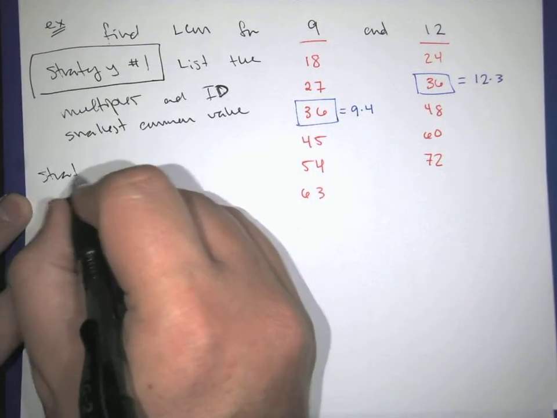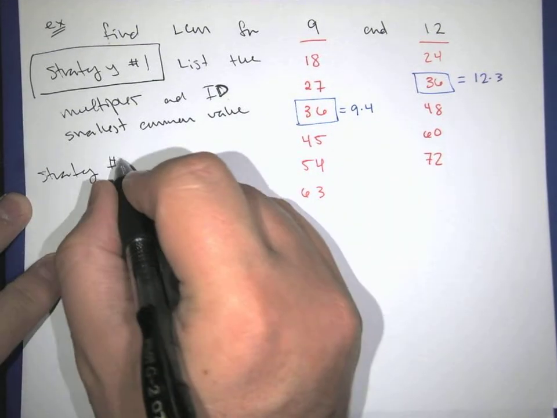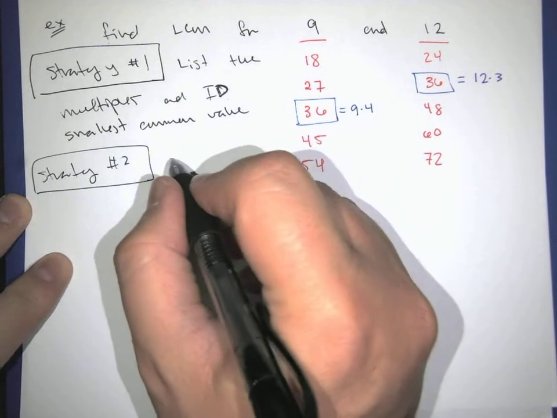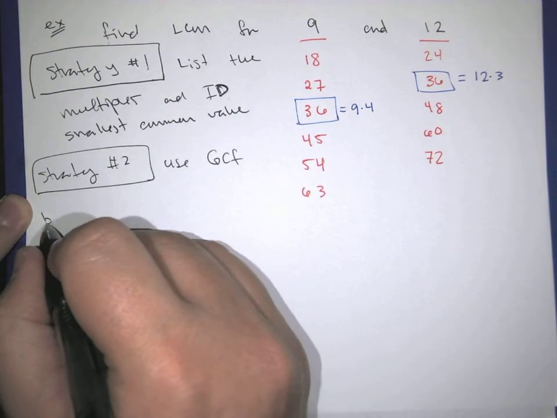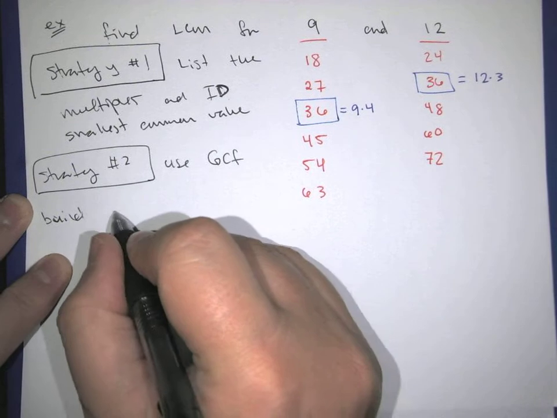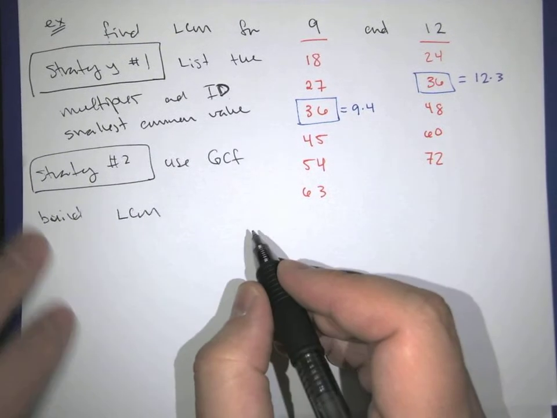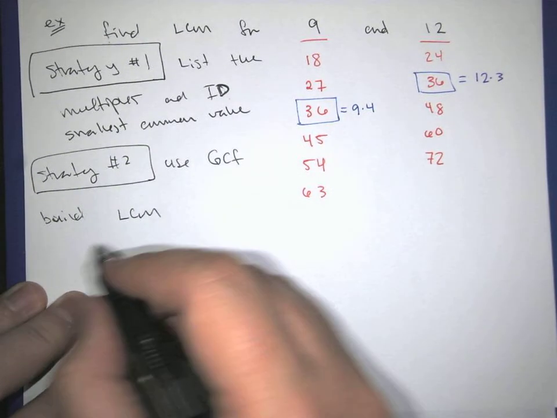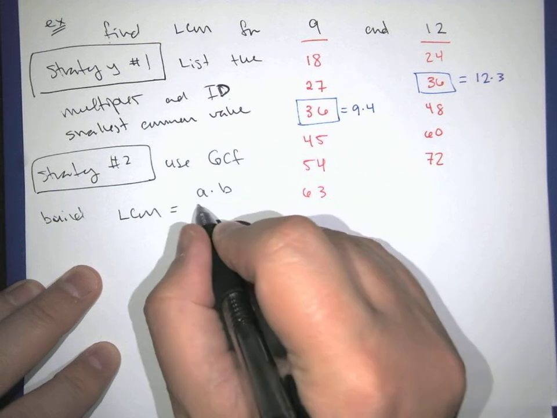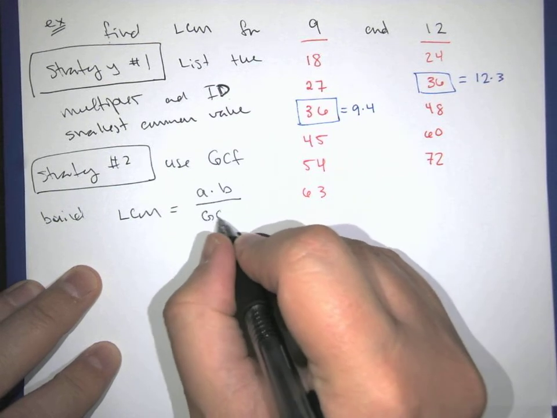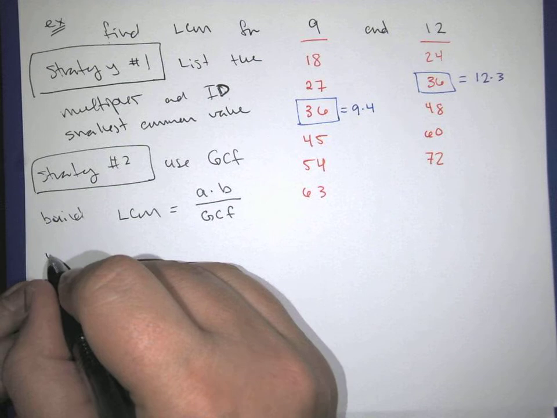Strategy number 2. So use the GCF, and what you're going to do is build an LCM. It's going to be your two values, A times B, divided by the GCF, right?